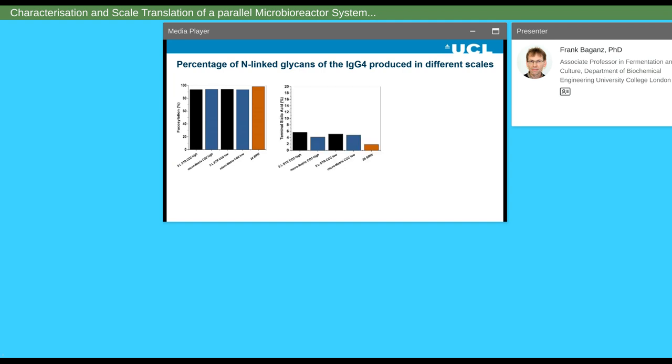The distribution of sialylated antibodies was similar for the controlled systems, but reduced for the 24 standard round well format, as you can see in this graph.